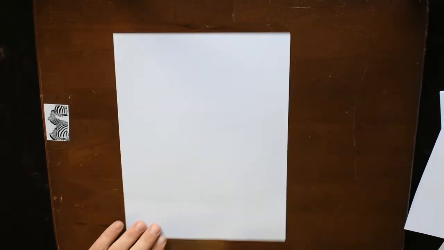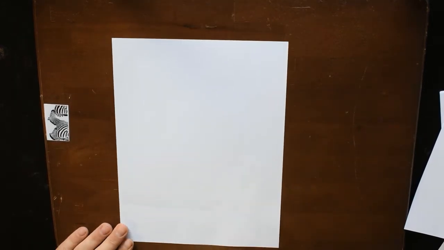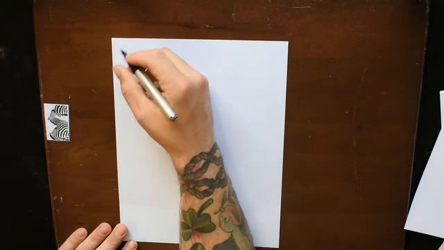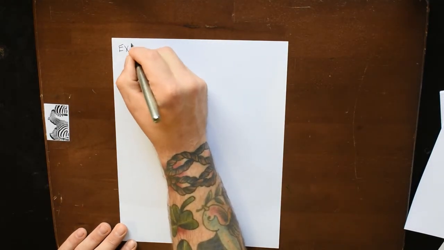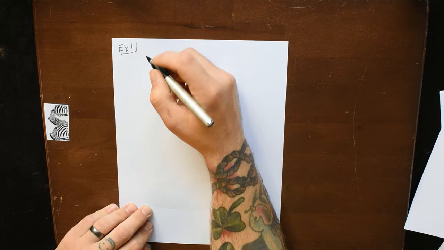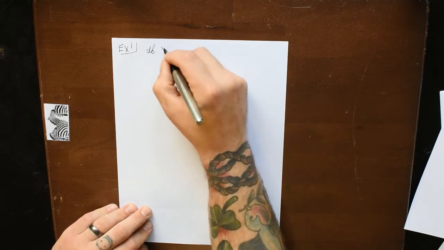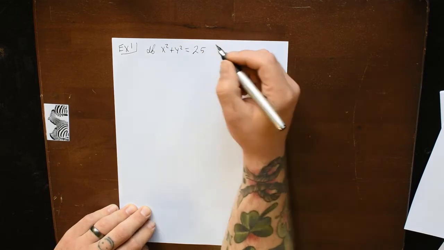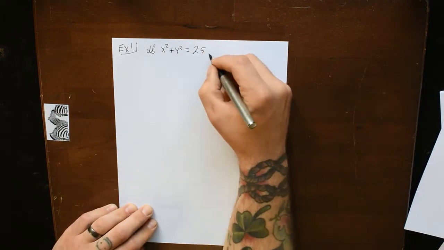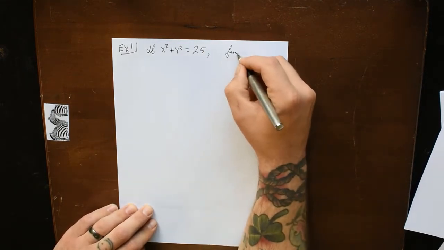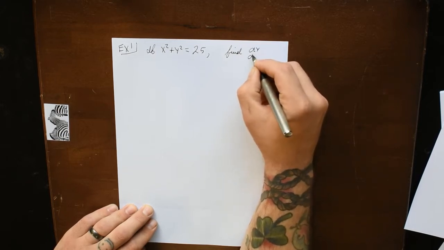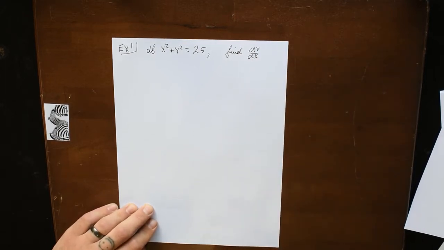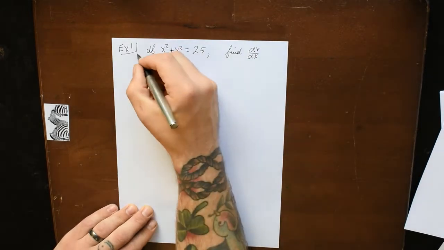So, let's begin with example 1. Example 1 says if x squared plus y squared is equal to 25, we want to find dy dx. That'll be the first thing we do.